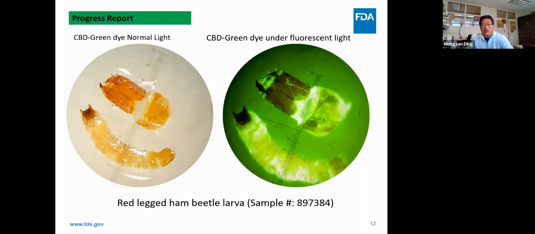Under the fluorescent light system, you can see the whole larva is green. Over here in normal light, the head capsule is broken and you can't see it very clearly. But after the mark, because the layer is broken, the chitin is exposed, so combined with the probe it's much clearer. So we're showing that the probe is working.